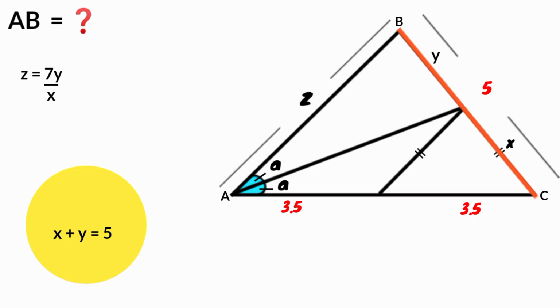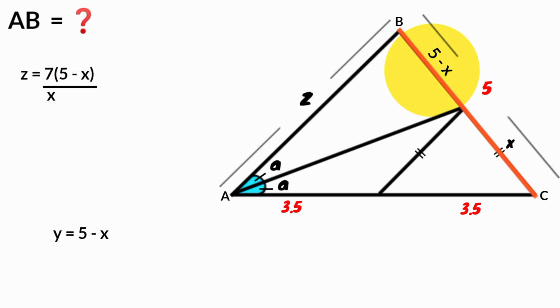Take x to the left hand side of the equation. So y equal to 5 minus x. Come here, substitute it. So z equal to 7 into bracket 5 minus x all over x. And here, replace y with 5 minus x. Back here, since this side and this are equal, and we have this to be x, the length of this side must also be x.